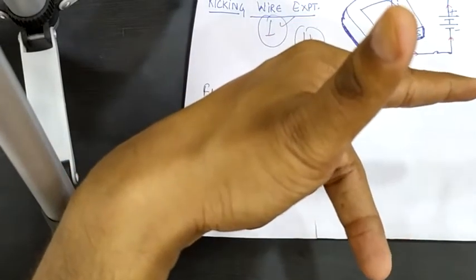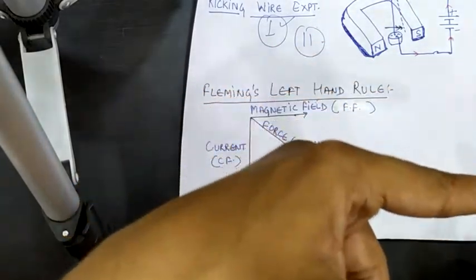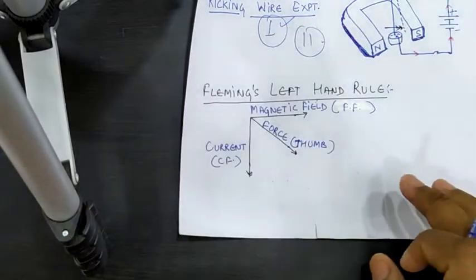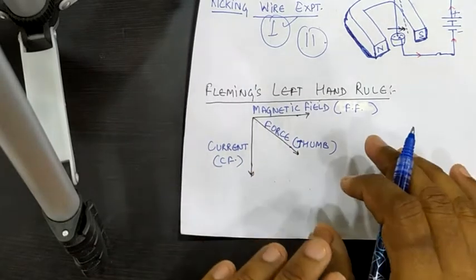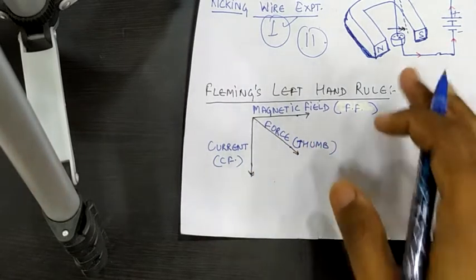Center finger is downwards, as you can see here. And the thumb will give the direction of force or motion, in which the conductor will move in that very field.